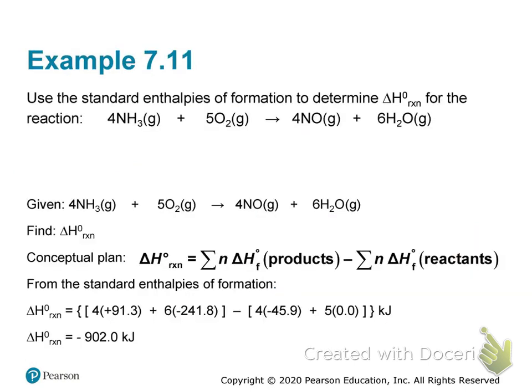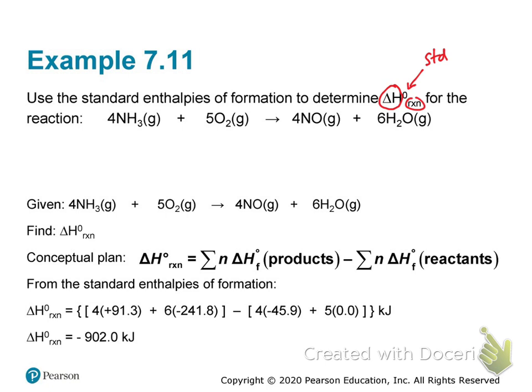So this is the final example for this lecture. Example 7.11 from the book. Use the standard enthalpies of formation to determine delta H0 of the reaction. Is standard enthalpy of the reaction. For the reaction given is balanced.